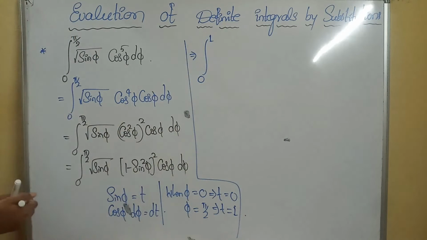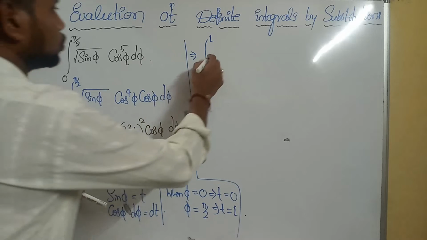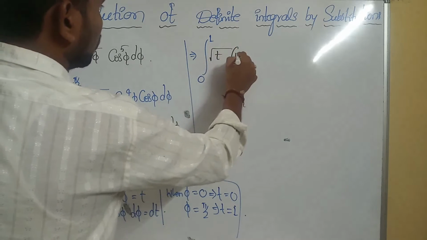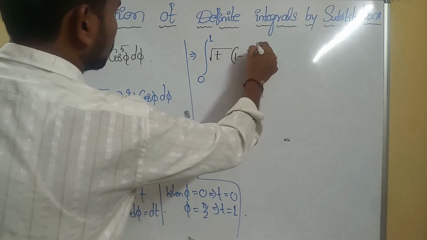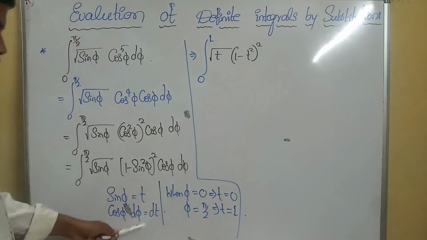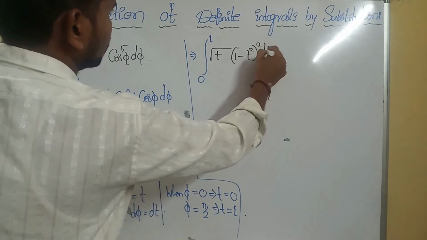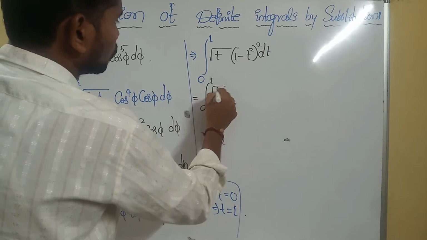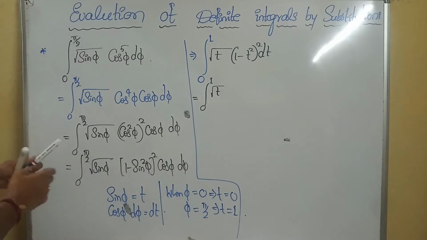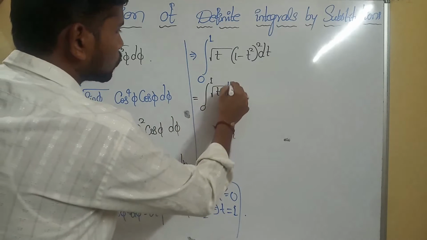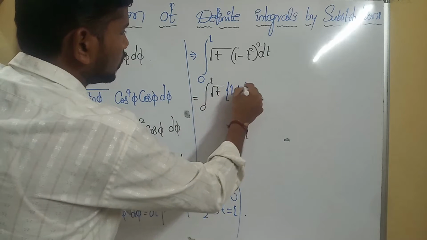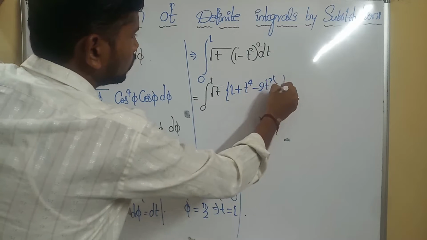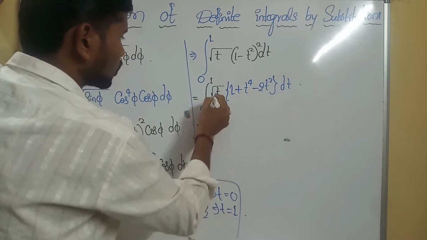Got it? After that, square root of sine x will be root t, (1 minus t square) to the power 2, cos x dx will be dt. Got it? Now the next step will be the integral from 0 to 1 of root t. What is (a minus b) whole square? It will be a square, so 1 plus t to the power 4 minus 2t square into dt, multiplied with square root t.